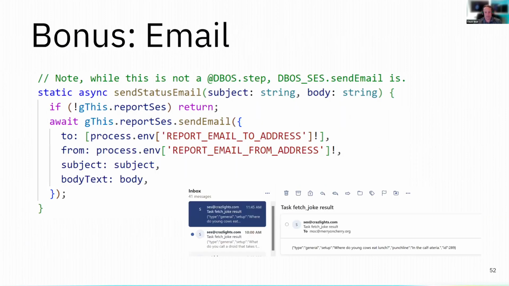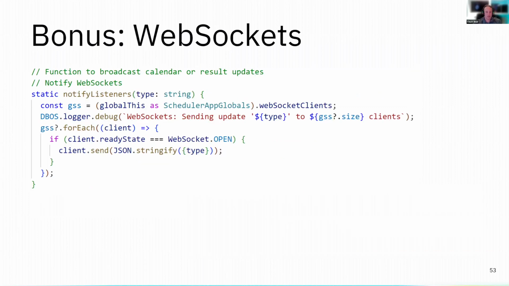A couple of free bonuses. There's a little bit of code in there to send an email that uses a library. So your little joke results will come to you in the morning in JSON, unfortunately, but that's for ease of a demo. Yeah, it always sends an email. It's easy to integrate AWS services. Another bonus, like I said, is WebSockets, something that wouldn't necessarily work.